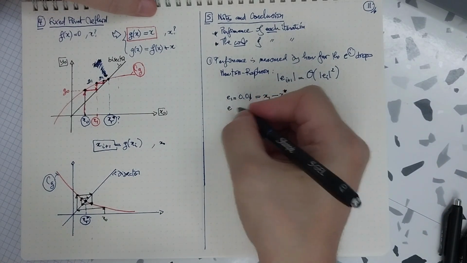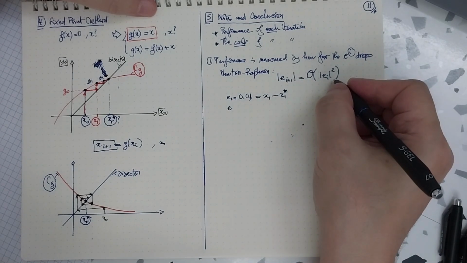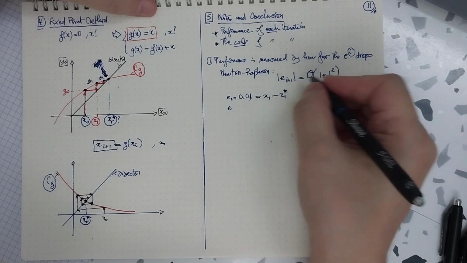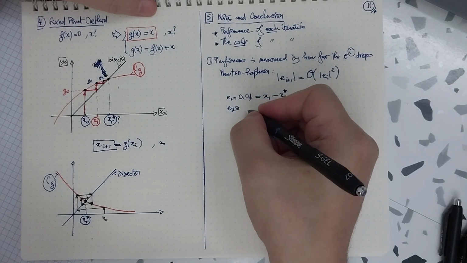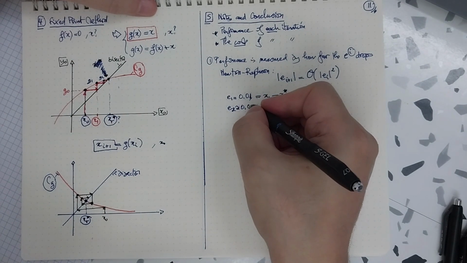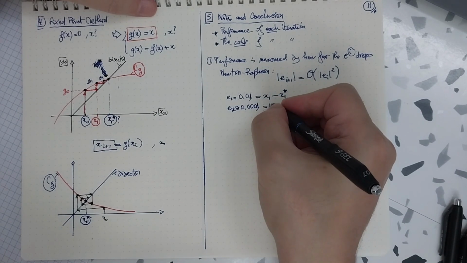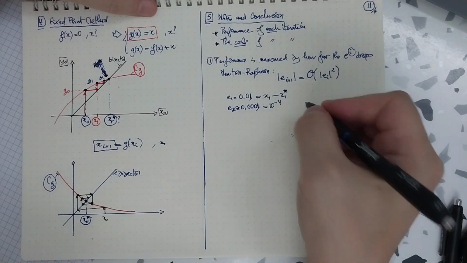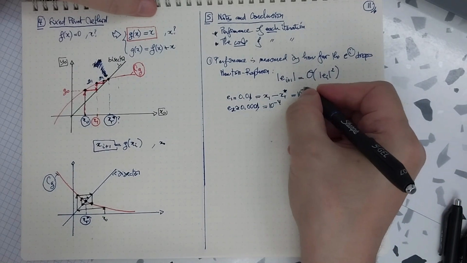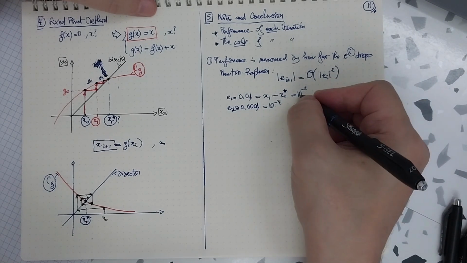Then, because of this relation between the next error and the current error, E2 must be of the order of 0.0001, that is 10 to the minus 4. E1 is 10 to the minus 2, and it becomes the square of the previous.